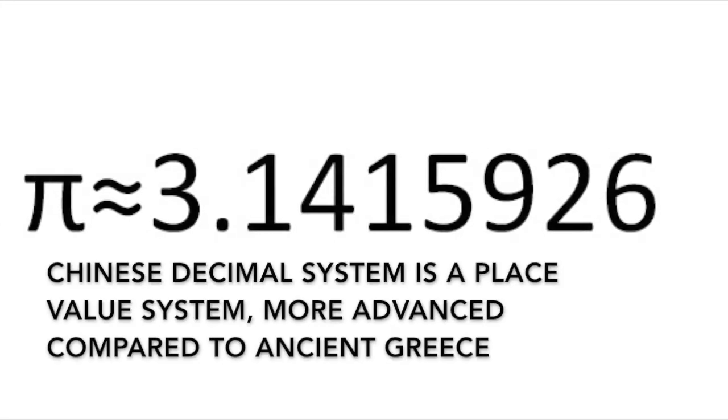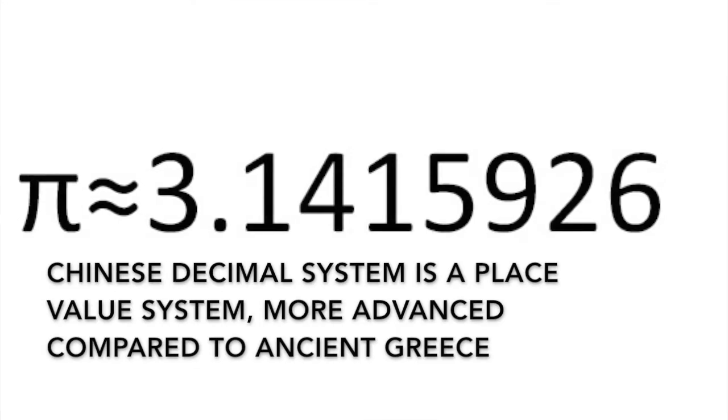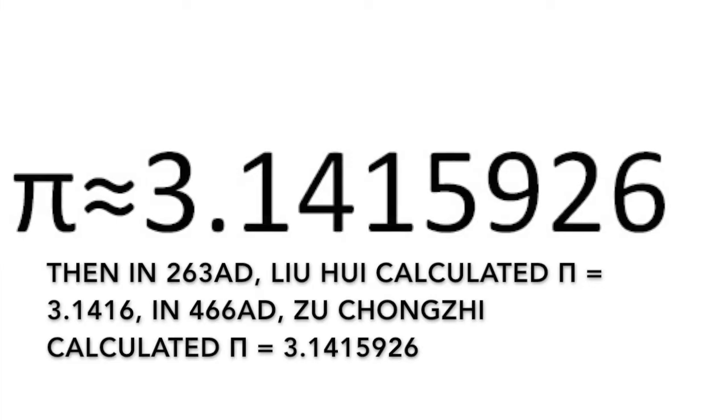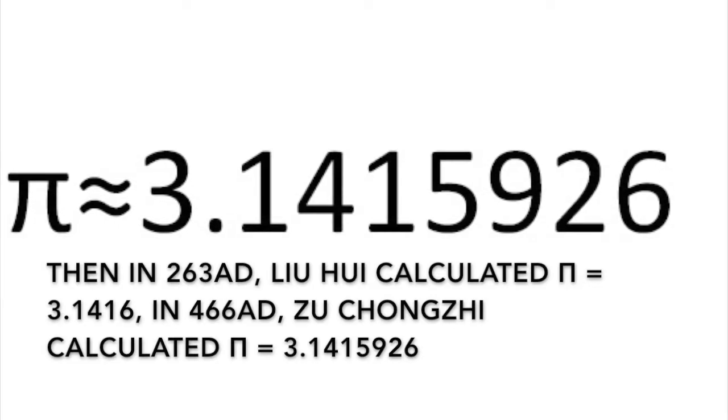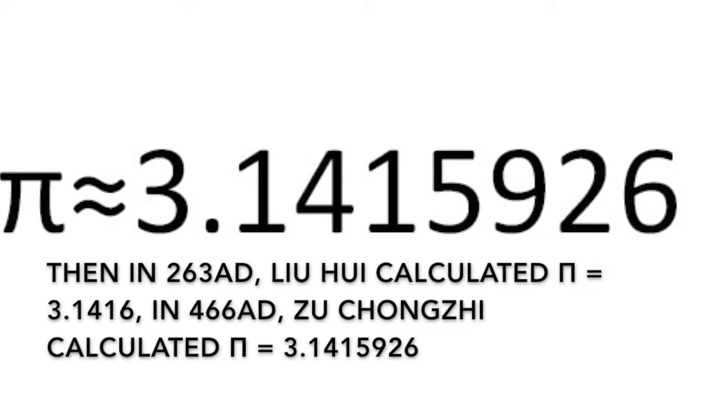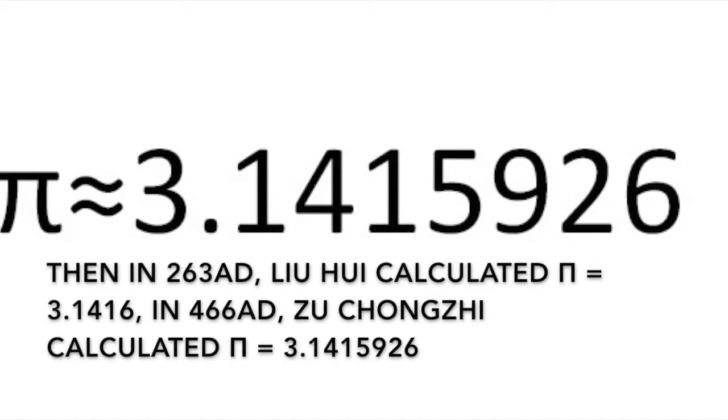The Chinese decimal system is a place value system, more advanced compared to ancient Greece. Then, in 263 AD, Liu Hui calculated pi as 3.1416. In 466 AD, Zu Chongzhi calculated pi as 3.1415926.